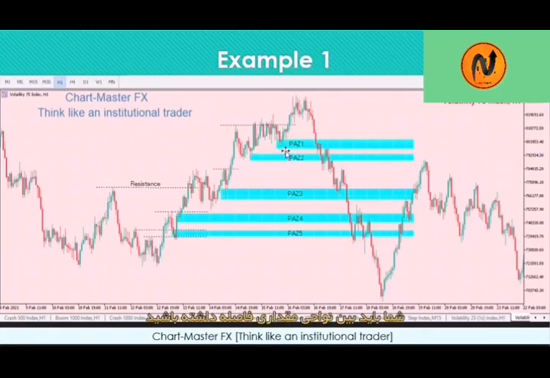So you need to give your zones some space, some free flow. There's no need for them to be engulfing or intersecting each other. You need to leave some space so that there is a free flow here.